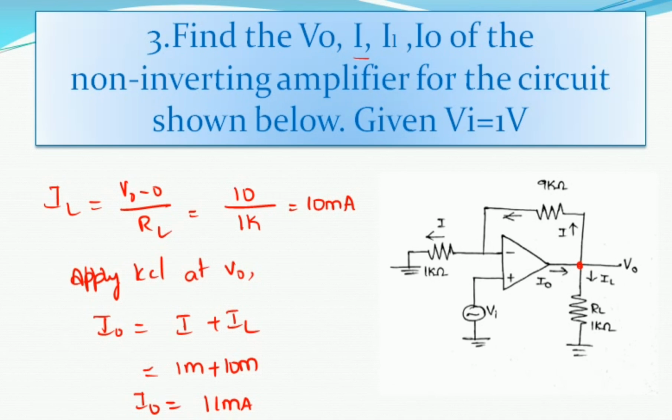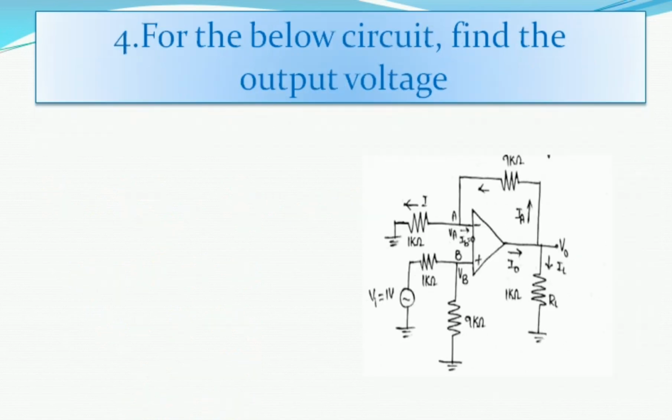Now let us see the next model they are asking. Here they have given one circuit, and for this type of circuit we have to find the output voltage V0. Here this input signal is applied to the non-inverting terminal using the resistors.